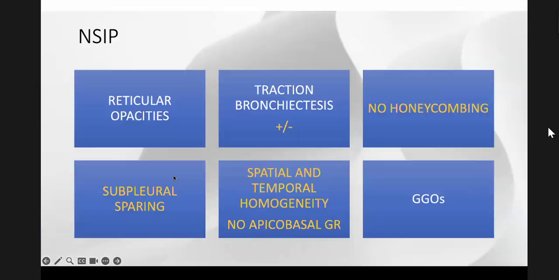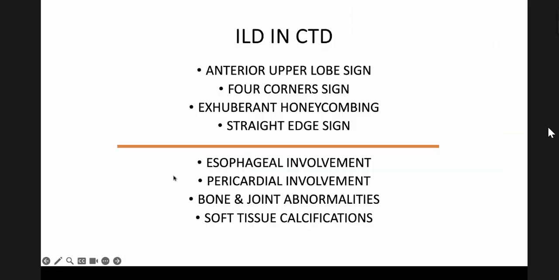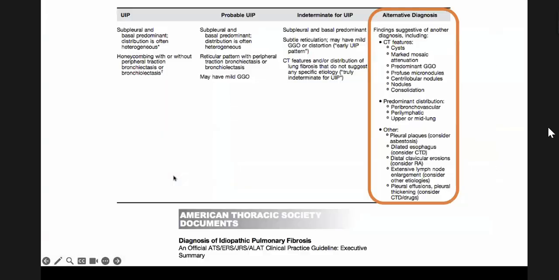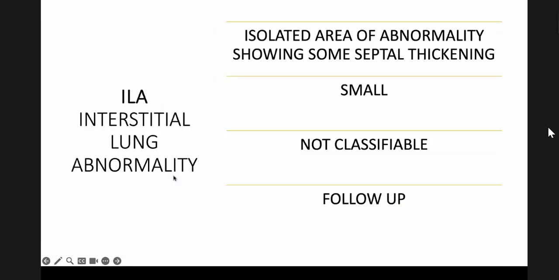Done with the cases, so I'll just come down here now. So one is ILA. This is a new terminology which has come up predominantly in the post-COVID era. It is basically a short form for interstitial lung abnormality. What we have seen many times is such extensive features that I've discussed with you, but sometimes we see a very small area of abnormality.